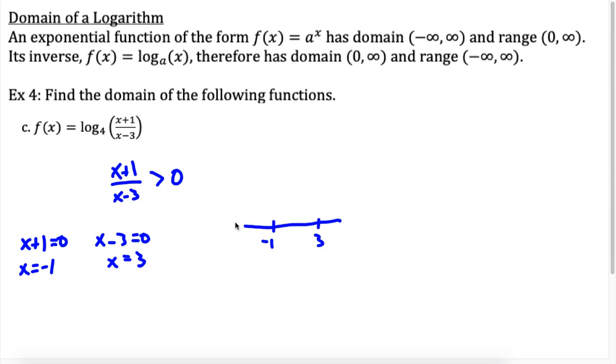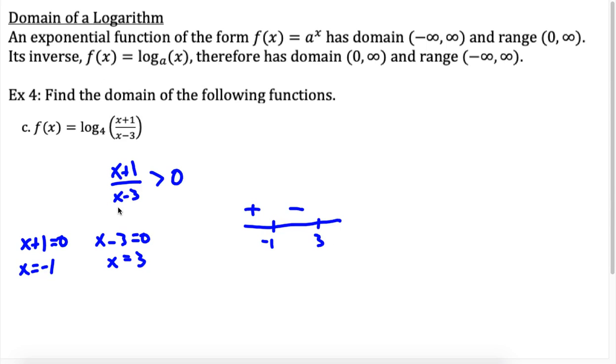Then I'm just going to take a test point. Take something less than negative 1, say negative 2. If I plug that in, negative 2 plus 1 is negative, and negative 2 minus 3 is negative. A negative divided by a negative is a positive. From negative 1 to 3, let's test 0. 0 plus 1 is positive, and 0 minus 3 is negative, so a positive over a negative is negative.